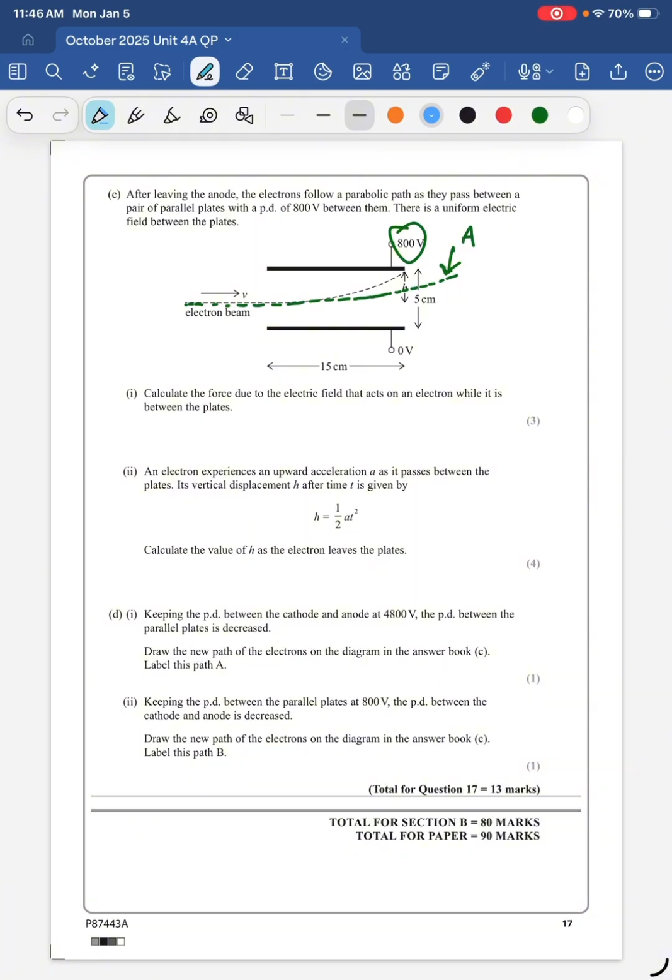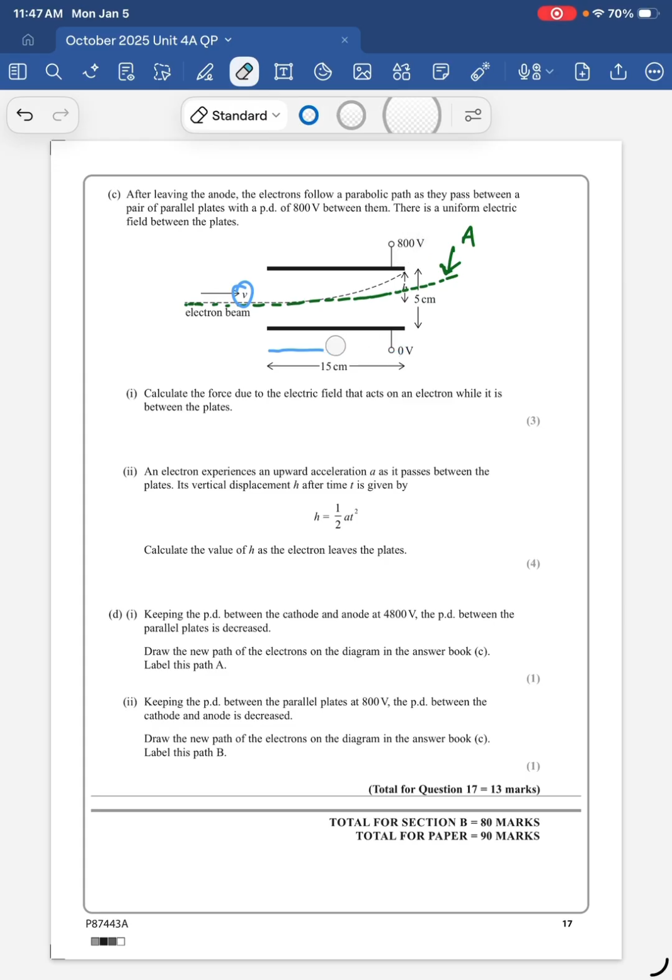The initial velocity is going to be lower than before, right? But this means that they will remain between the space. If this initial velocity is lower, then they will spend more time to traverse these 15 centimeters, while the potential between the plates is 800 volts, okay?